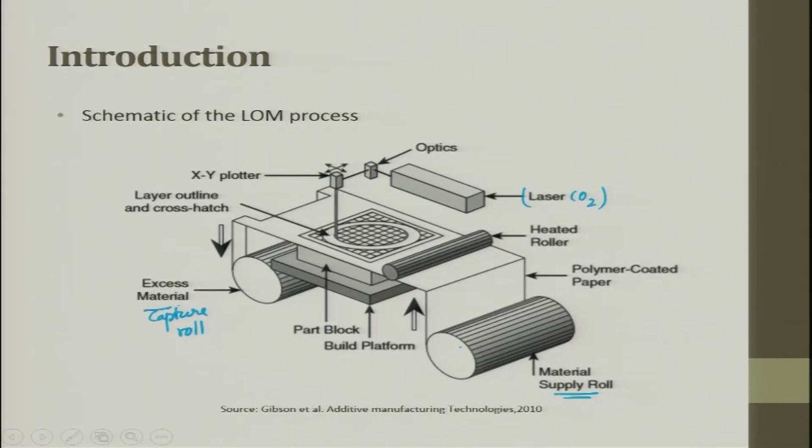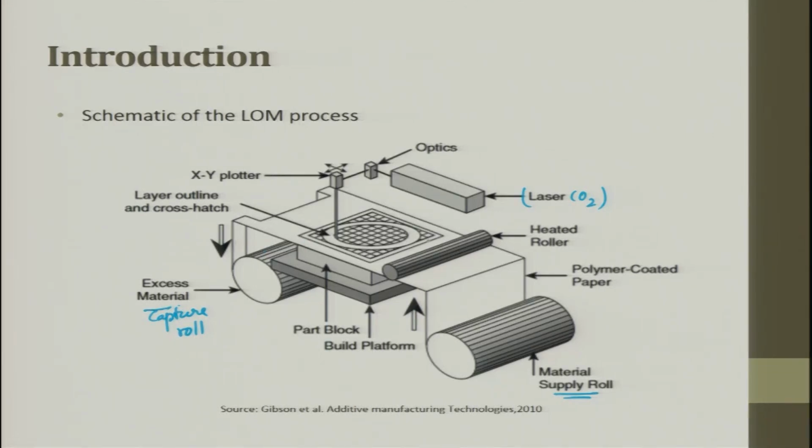So, it is a continuous process. You do not have to stop the machine after placing every layer. The material is fed here, it stops here, then the laser goes and tries to draw the boundaries and cut the boundaries. It can do an engraving operation, it subtracts material, and the rest of the reel will be rolled on the other side.